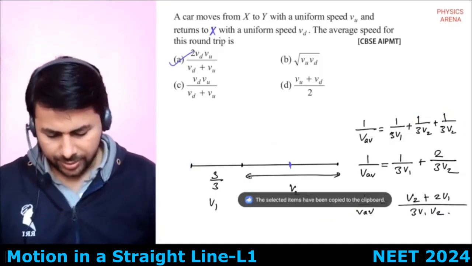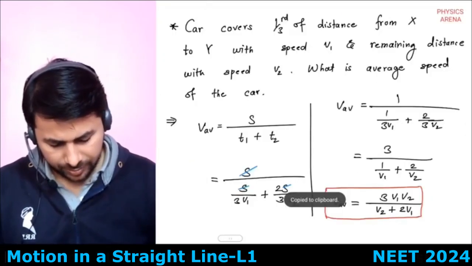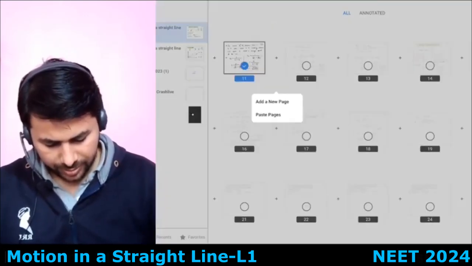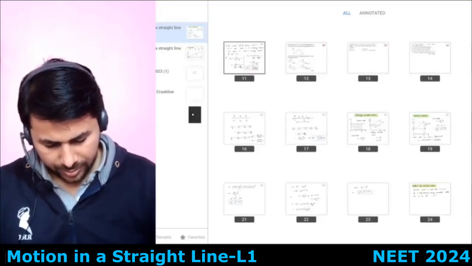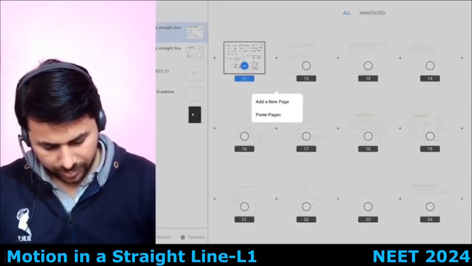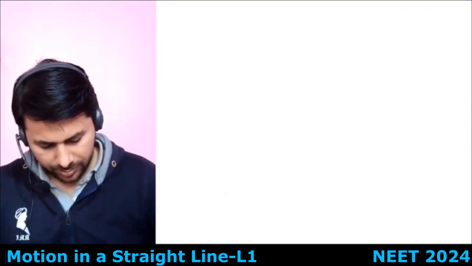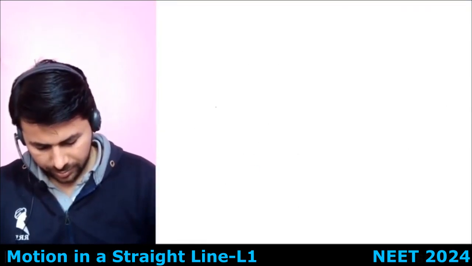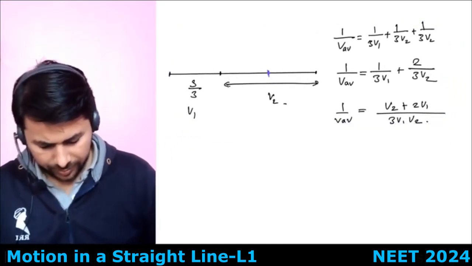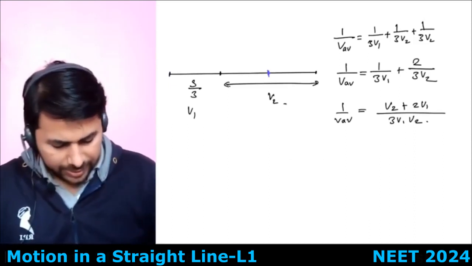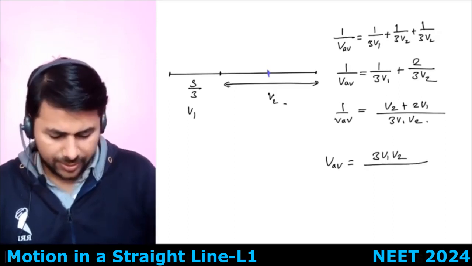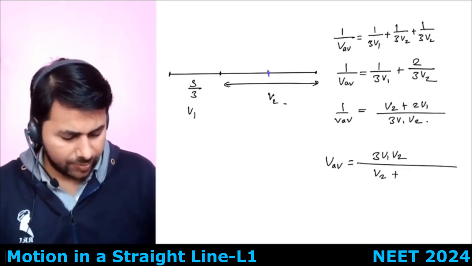Let me just take this on the next page because the question is here. As I said, v average equals 3v1v2 divided by v2 plus 2v1.